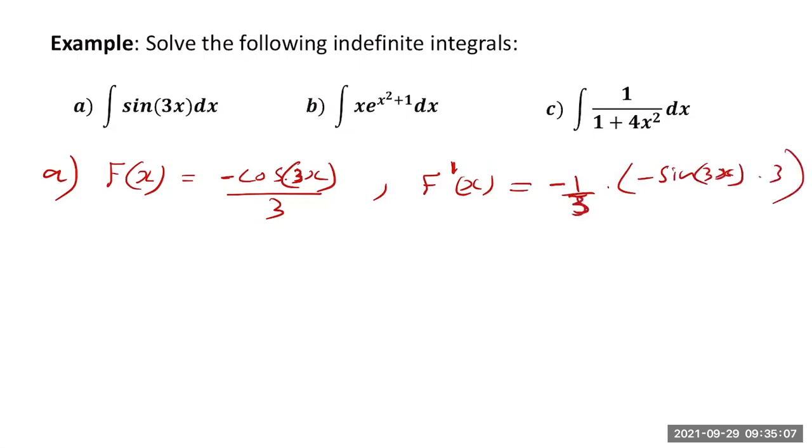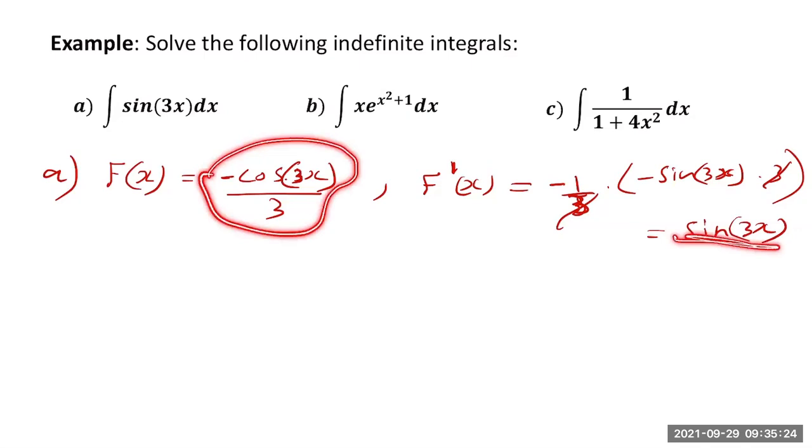This 3 and this 3 will cancel. Minus times minus is plus, you get sine 3x. That's exactly what you wanted, right? You wanted the function whose derivative is sine 3x. We just found a function whose derivative is sine 3x. So the indefinite integral is immediate.